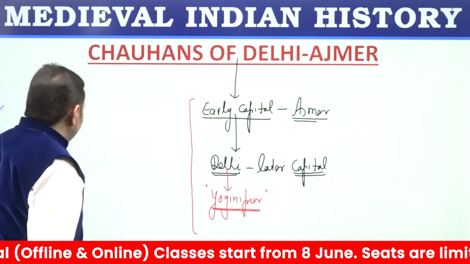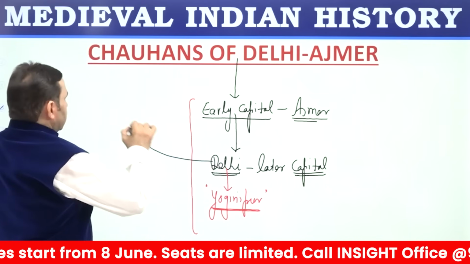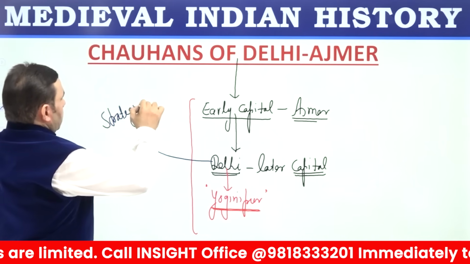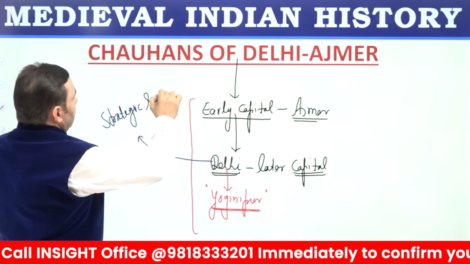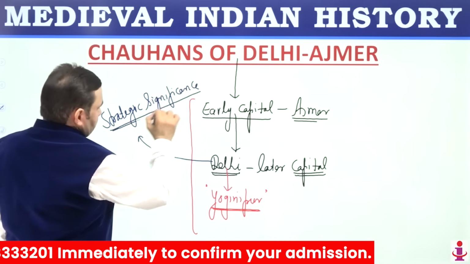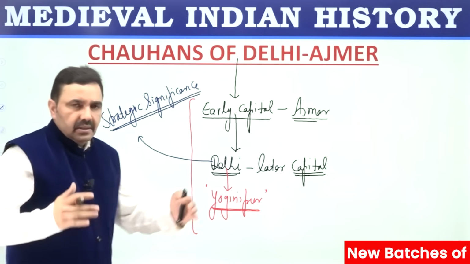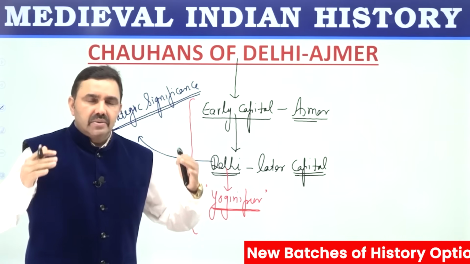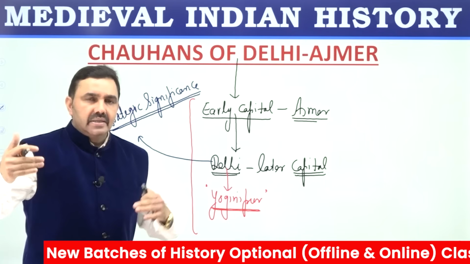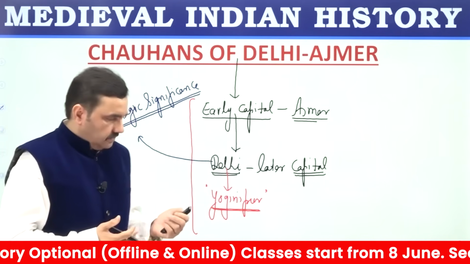Why was Delhi taken up as capital? Because of its strategic significance. The strategic location of Delhi is responsible for the shifting of capital. By being in Delhi, the invaders coming from the northwestern side could be countered easily, and if you remain in Ajmer, then these invaders capture the resources of Indian plains and become more powerful.